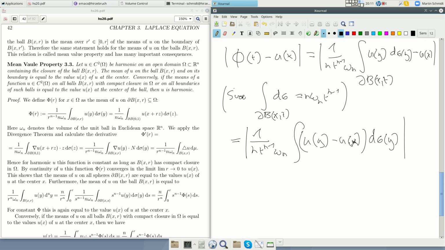Why? Because u of x doesn't depend on y, so we can put this out of the integral, and then we just get this number, so we get just u of x times 1. So this is indeed the same.